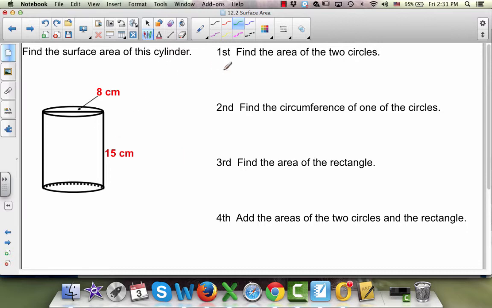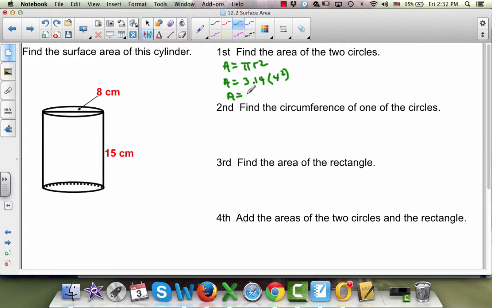Okay, let's see if you did this part correctly. The surface area of this circle will be area equals pi r squared. That would be area equals 3.14 times, remember the radius is half the diameter, so that would be times 4 squared.